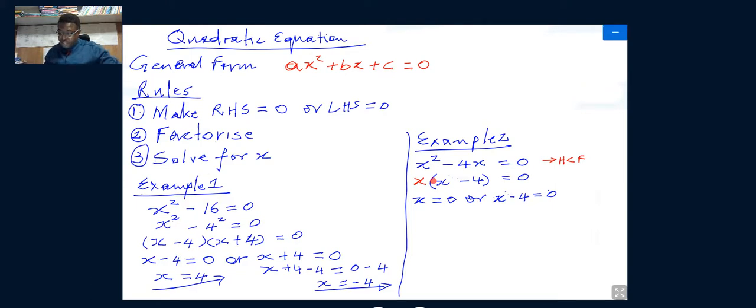Does not matter what it is, as long as you know the definition of a factor. I think you still do. X is equal to 0, or x is equal to 4. So I'm no longer explaining here because we've covered this section.